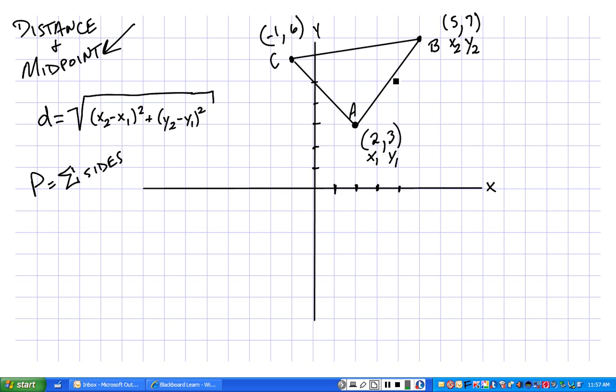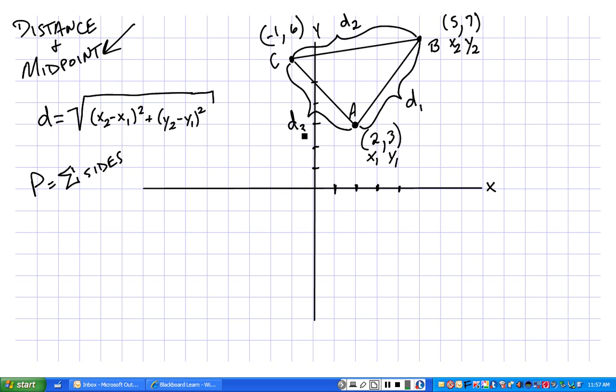Okay, so in this case we want to find the perimeter of this triangle, and the way we would do that is just by finding the distance from A to B, from B to C, and from C to A. So we'll say that'll be distance 1, A to B. From B to C, we'll call that distance 2, and then from C to A, we'll consider that distance 3.